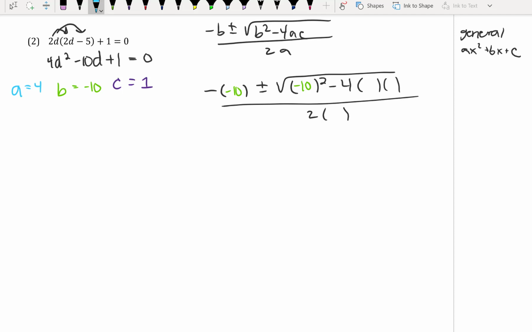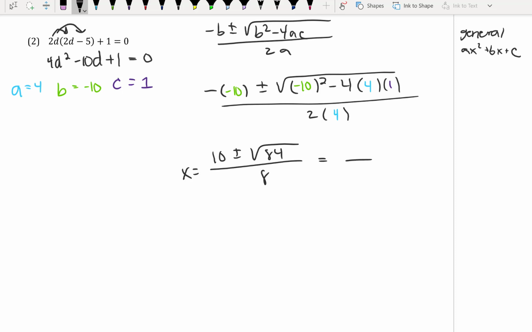For my a value, I have a positive 4 that I'm plugging in. And for my c value, it's a positive 1. So I'm going to get here a positive 10 plus or minus. And again, I have negative 10 inside my parentheses squared minus 4 times 4 times 1, which is an 84. And 2 times 4 is equal to 8.